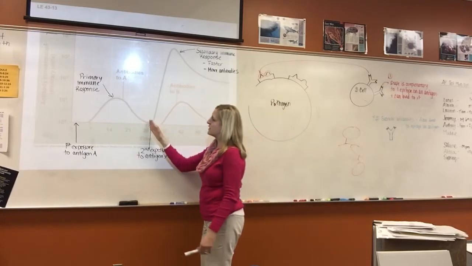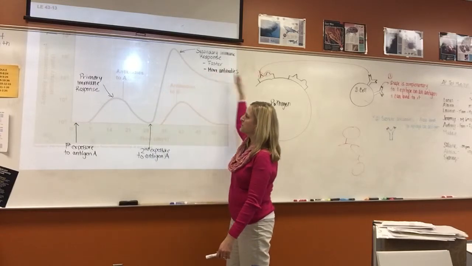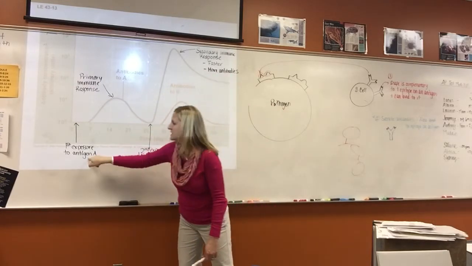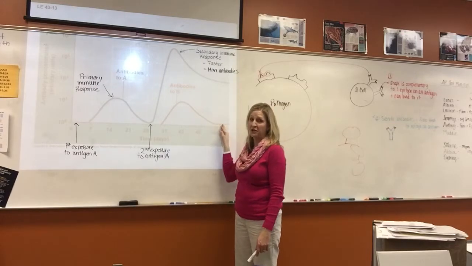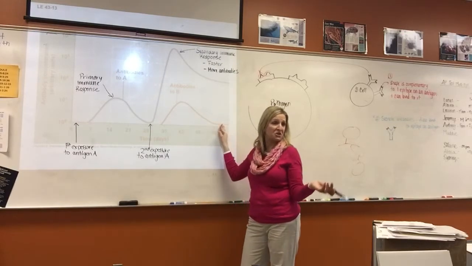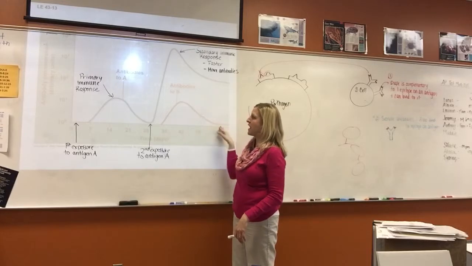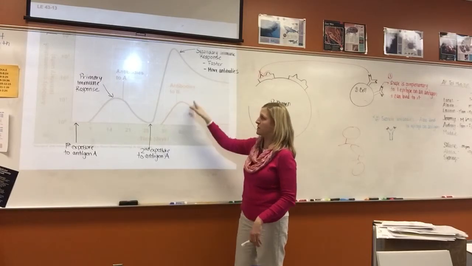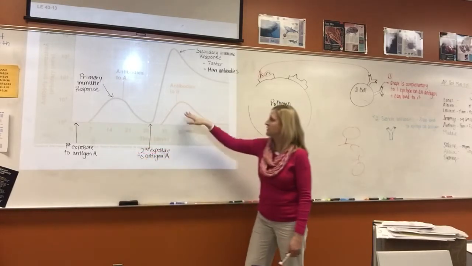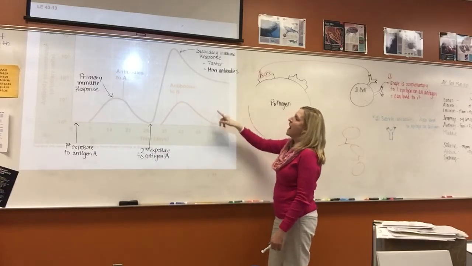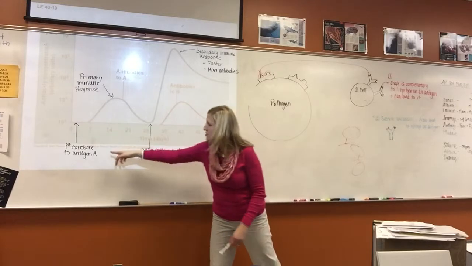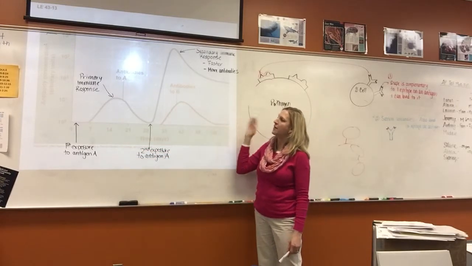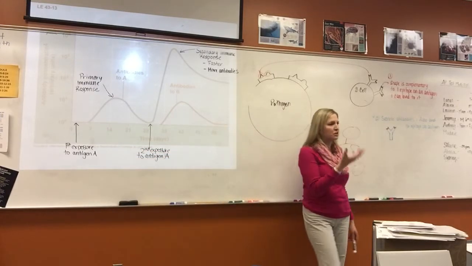So your secondary immune response and any immune response after that is only to this particular antigen. So this could be a different bacteria altogether, a different species of bacteria. This could be a virus, or it could be this bacteria mutated. Either way, antigen B has a different shape than antigen A, and therefore you have a unique new immune response to that.